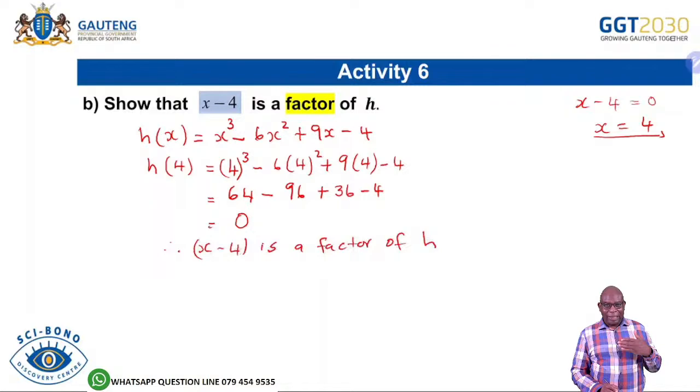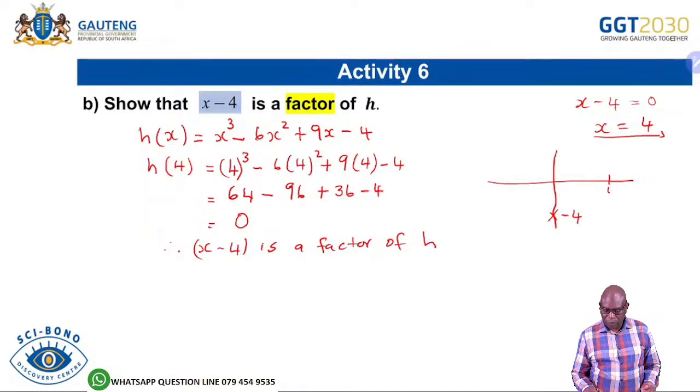So, can you see that this question is also building up on that? So I already know that if I come to my graph here, the one that I was drawing, I've got a minus 4 here, I've got a 4 here. Why? Because x minus 4 is one of my factors.